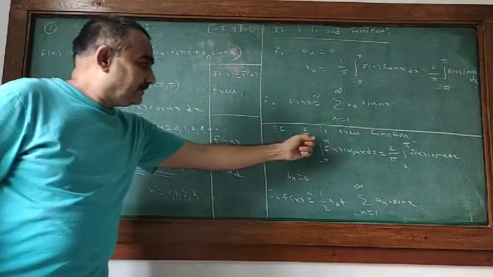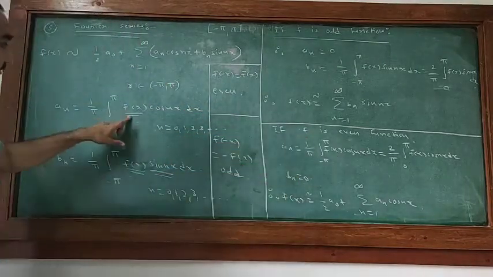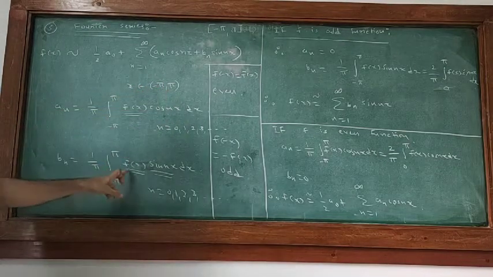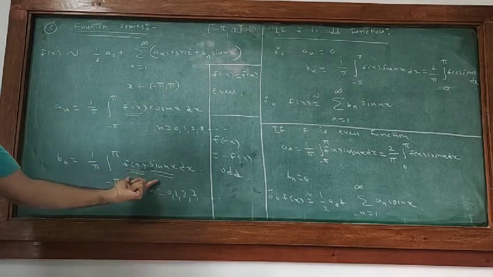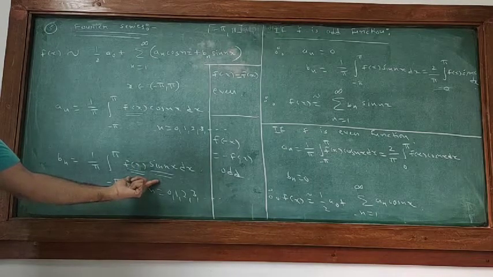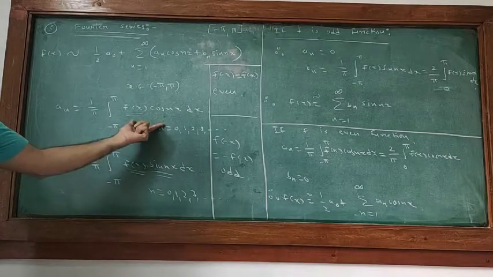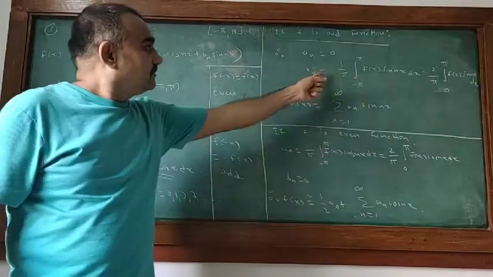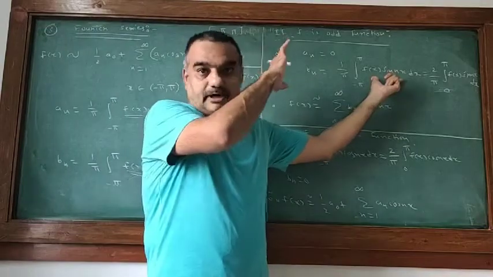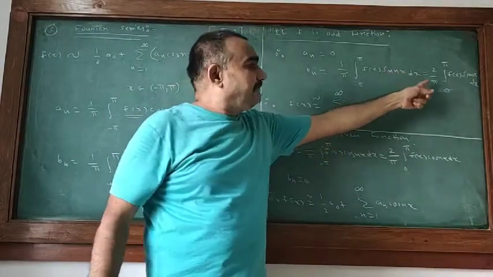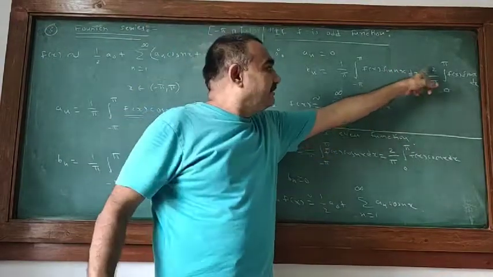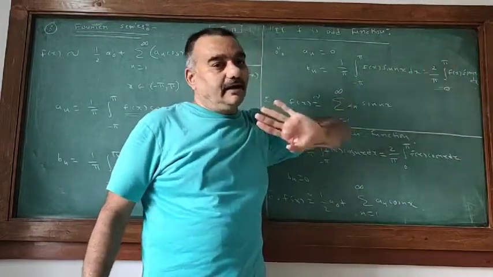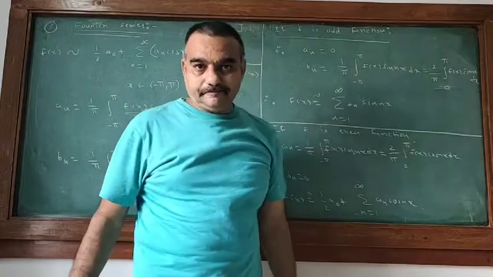Now the even function. Even function times an odd function is an odd function. At that time, the integrand is even and therefore it will become double. By properties of definite integration, instead of minus pi to pi we write double, from 0 to pi.